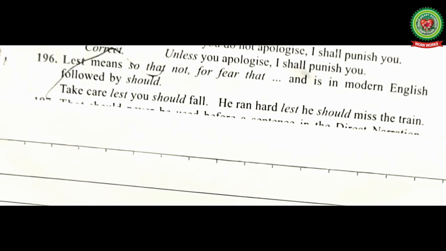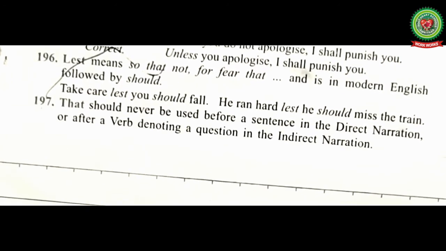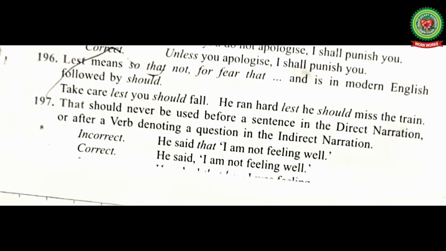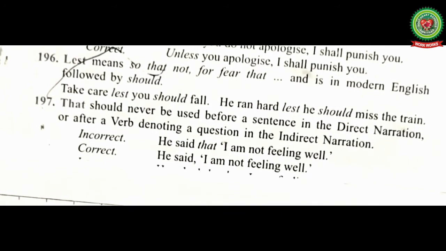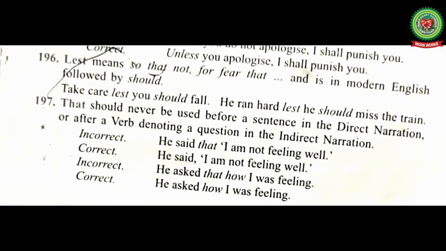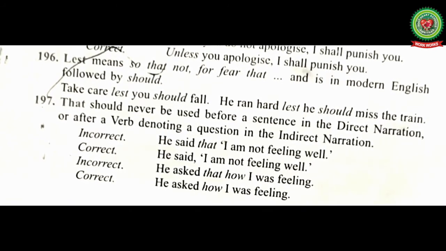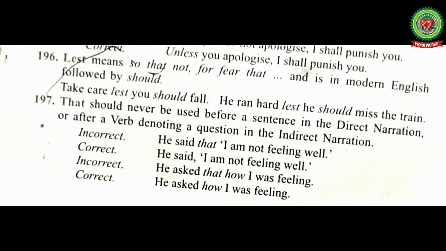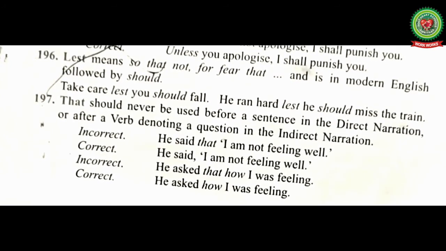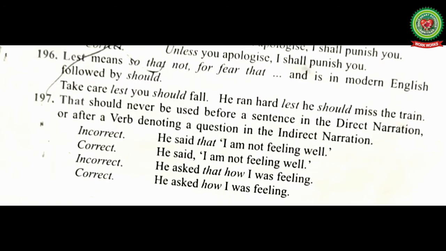Now we have correlative conjunction that. That should never be used before a sentence in the direct narration or after a verb denoting a question in the indirect narration. For example, he said that I am not feeling well.